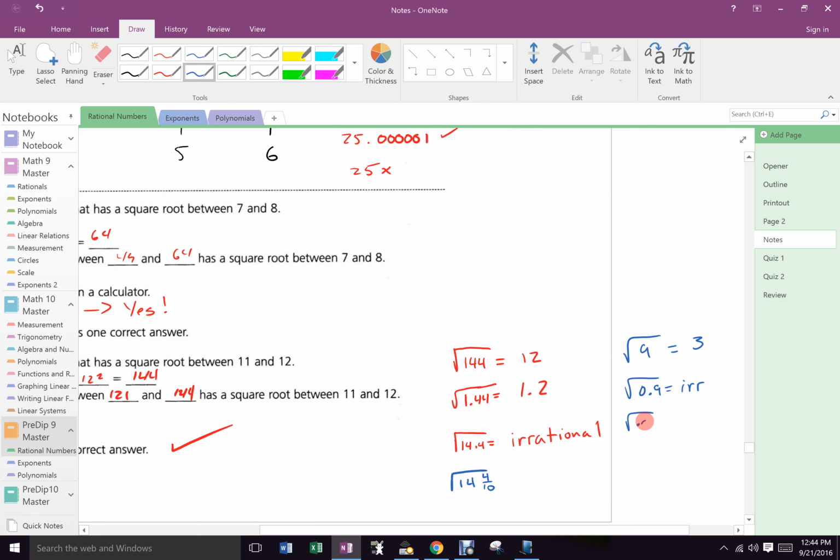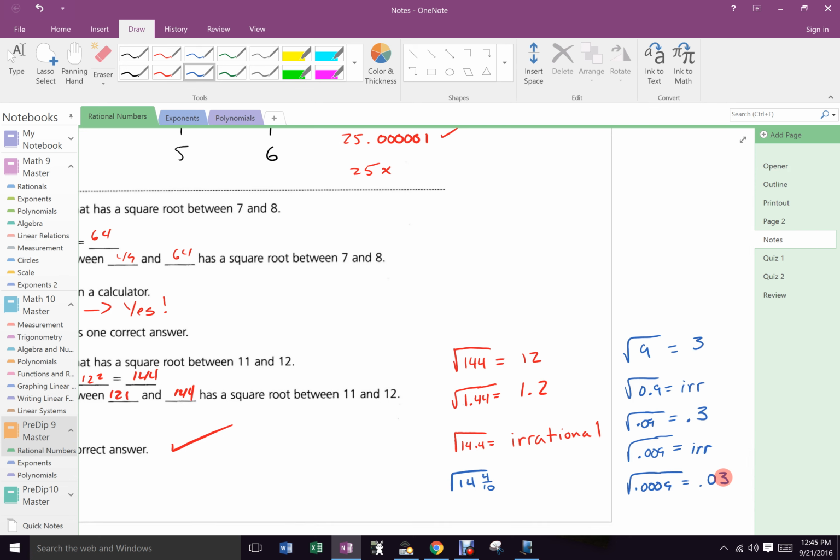Square root of 0.09. 0.3. Square root of 0.009. Irrational. Square root of 0.0009. It's 0.03. It's a pattern. What is the pattern, Leighton?